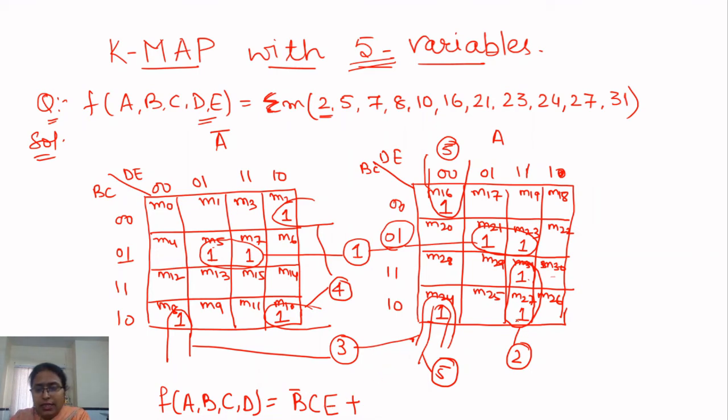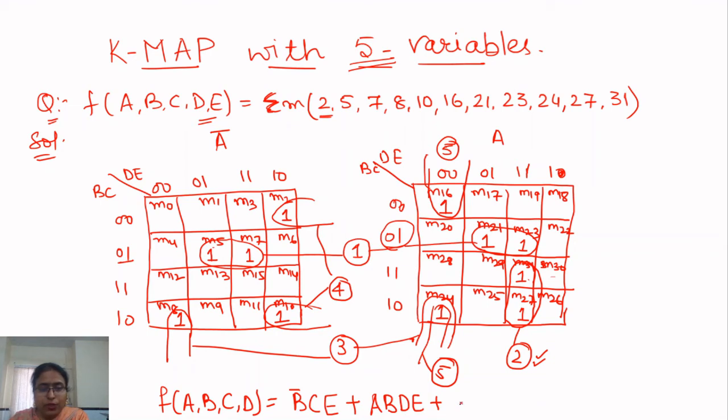In the second case, there is a pair, this one. So in the second case, A is common, and B is common. B is there, C is varying, and then D, E. Then plus, in the third, it is a pair between M8 and M24.